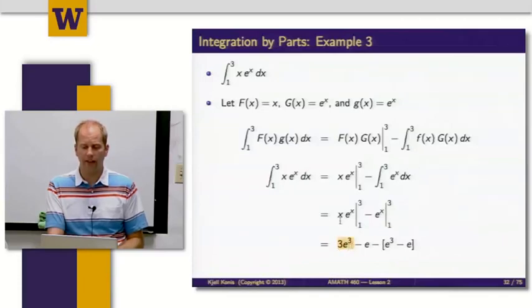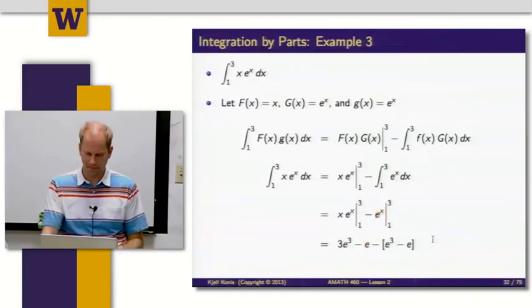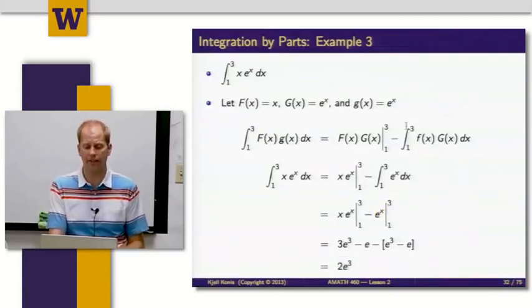So this is 3 times e to the third minus 1 times e to the 1. So this comes from the first term here. And then from this second term, I end up with e cubed minus e. And I can do a little bit of simplification and get the answer 2e cubed.